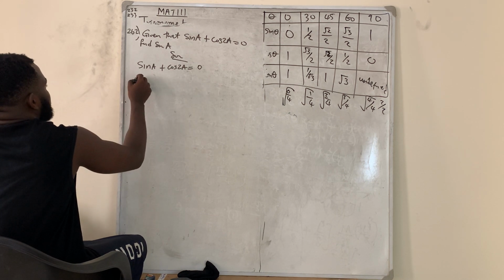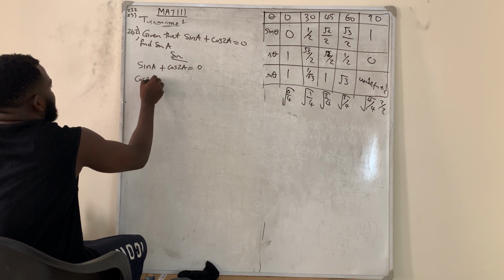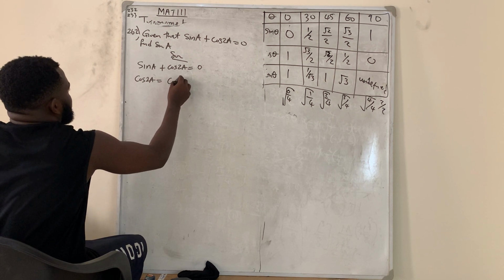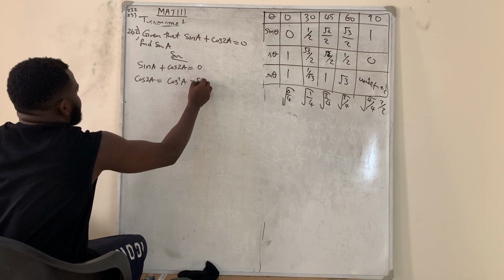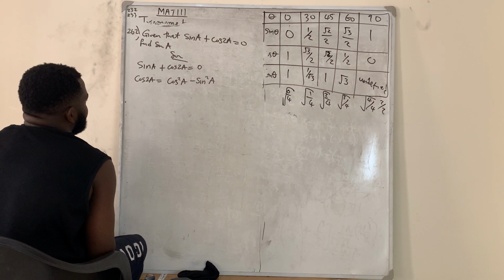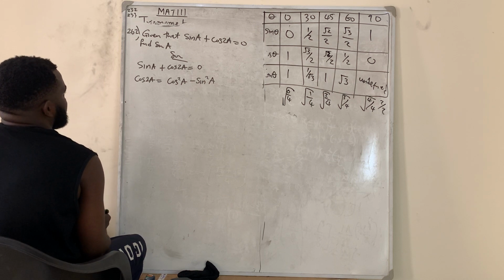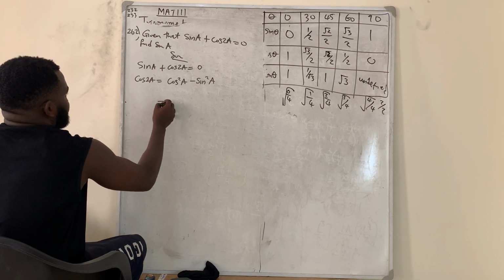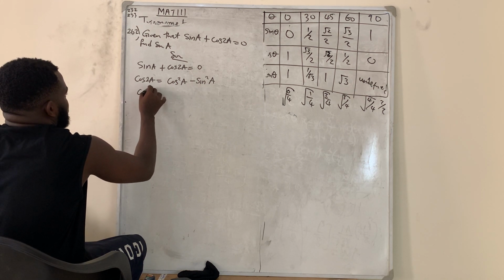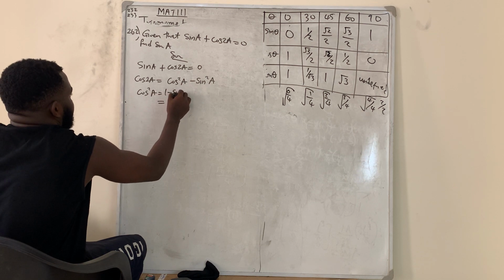But you should know that according to trigonometry, cos 2A is equal to cos squared A minus sine squared A. But I want everybody to be in sine. So convert this one to sine.